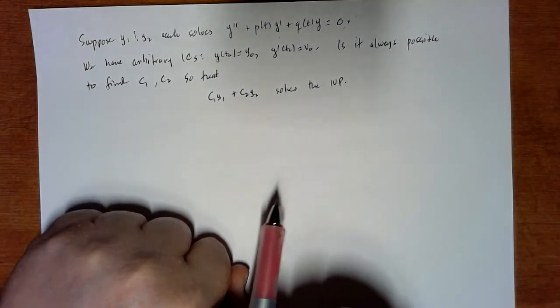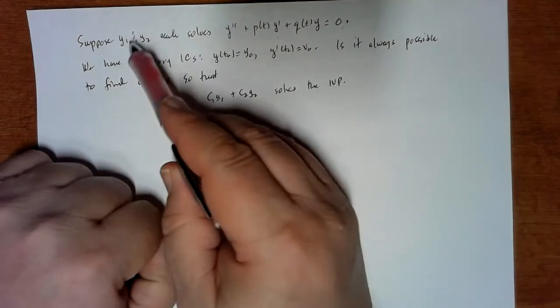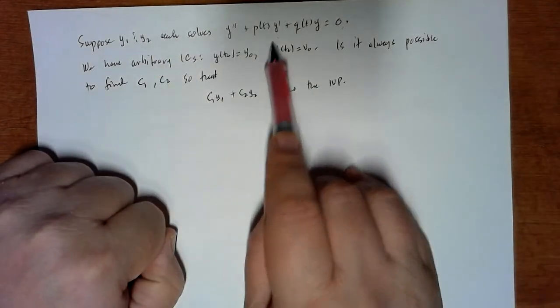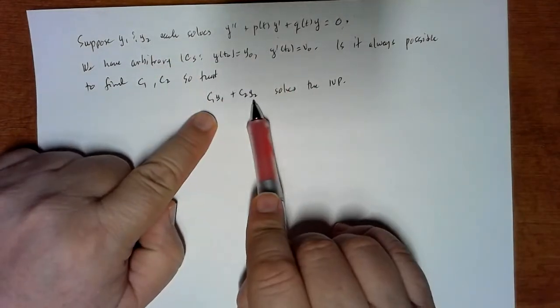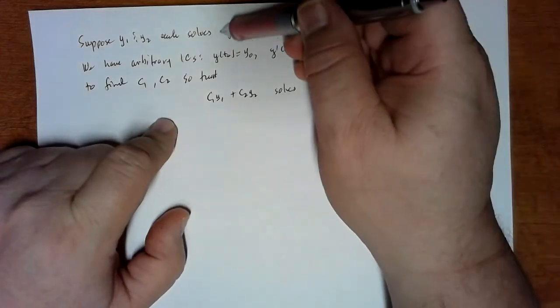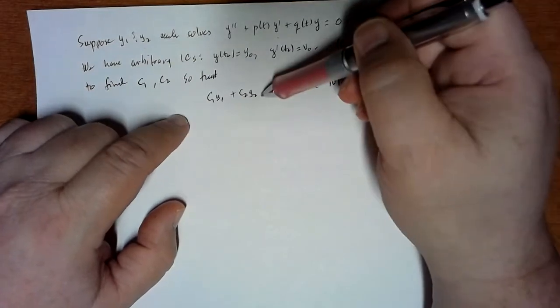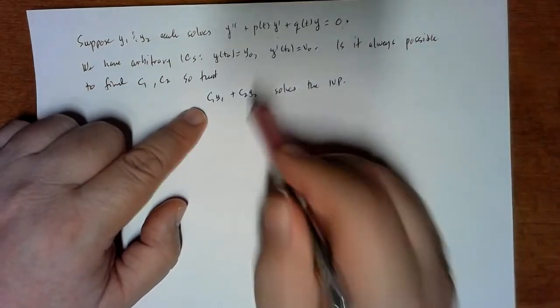Does everybody see the difference? On the one hand, if you do have two solutions to this, then this is also a solution. On the other hand, suppose I've got arbitrary initial conditions for my differential equation. Am I always going to be able to write the solution in this form?